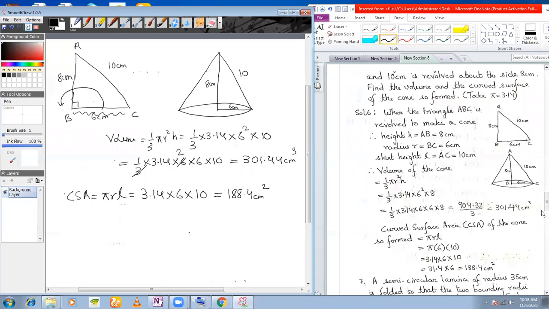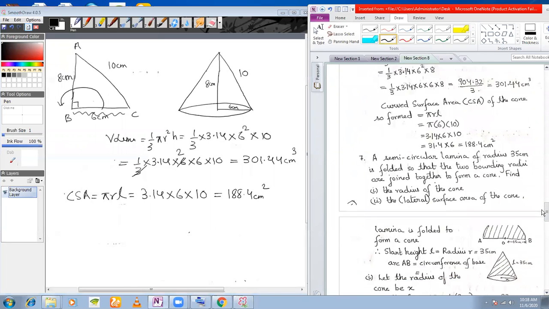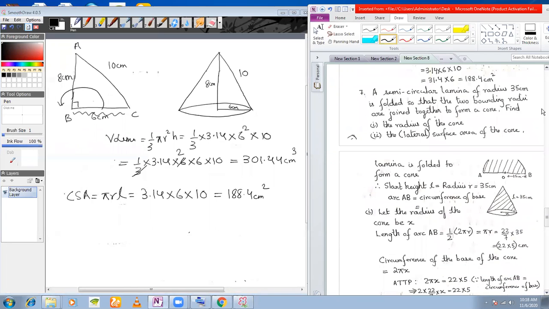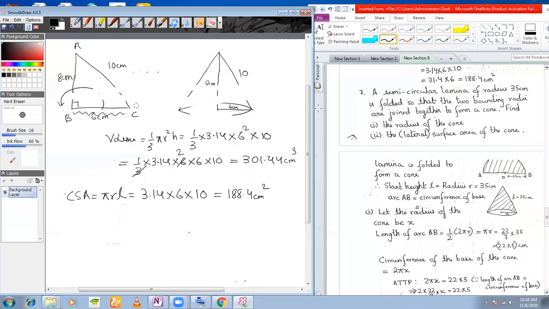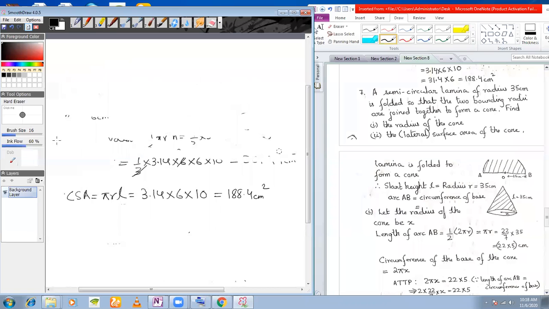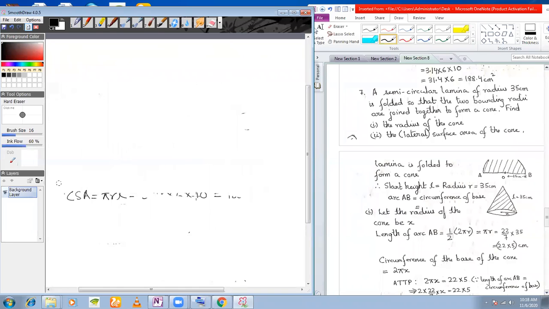Now we come to the next question, which is a little difficult because making a cone out of a sector of a circle or a semicircle actually becomes a question more of visualization. If you are able to visualize properly, if you are able to remember that video, or in fact you can practice making a cone at home.